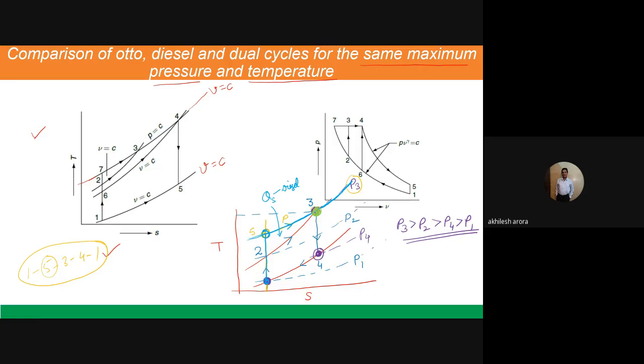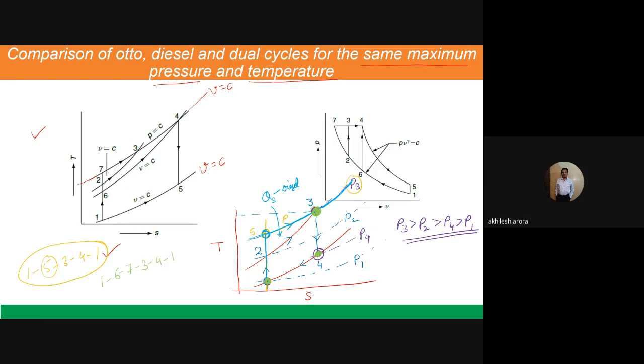So now you know, in case of dual cycle, the process has to end at point number 3. Let me say that now the cycle is 1, 6, 7, 3, 4, 1. So basically I have introduced 2 points and 2 processes, because 3 processes are already there.